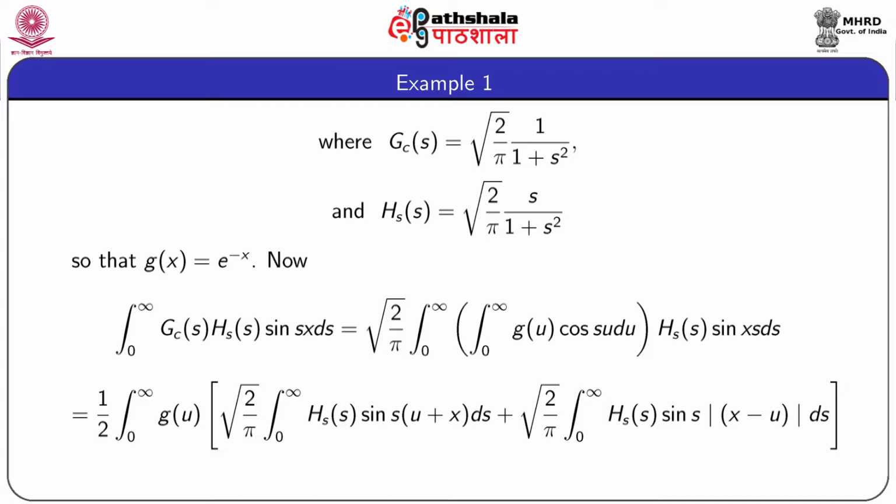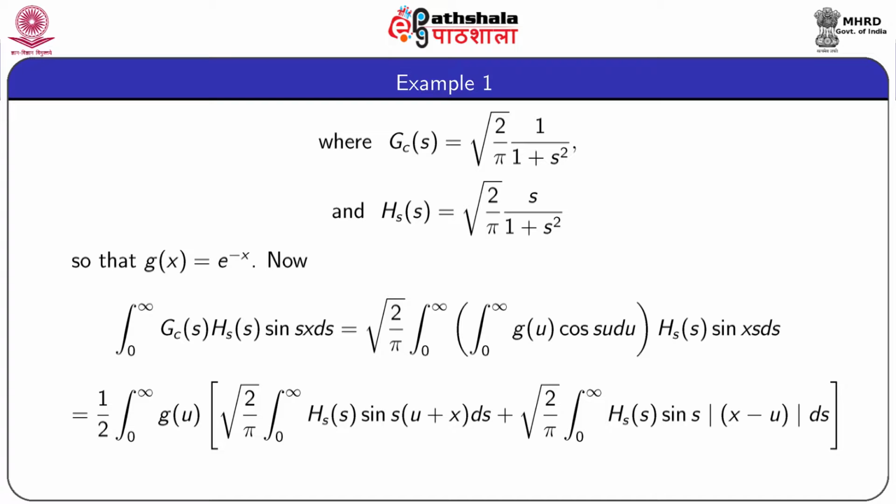So, this step gives equal to half integral 0 to infinity g(u) into root over 2 by pi integral 0 to infinity H(s) sin s(u plus x) ds plus root over 2 by pi integral 0 to infinity capital H(s) sin s mod of (x minus u) ds. Now, from this step we get this step by interchanging the order of integration and also considering the formula for sin x s and cos s u.